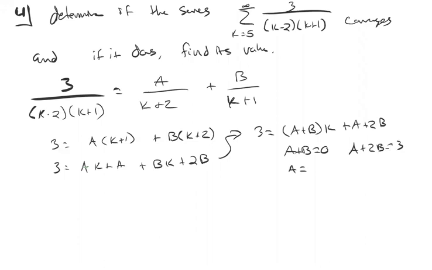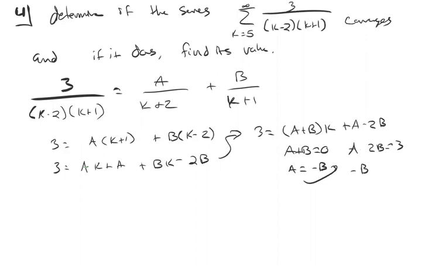So this tells us that A is minus B, and we can go ahead and substitute that into this equation. Minus B, I think I have a sign error here. Yep. Should be k minus 2. Minus 2B.